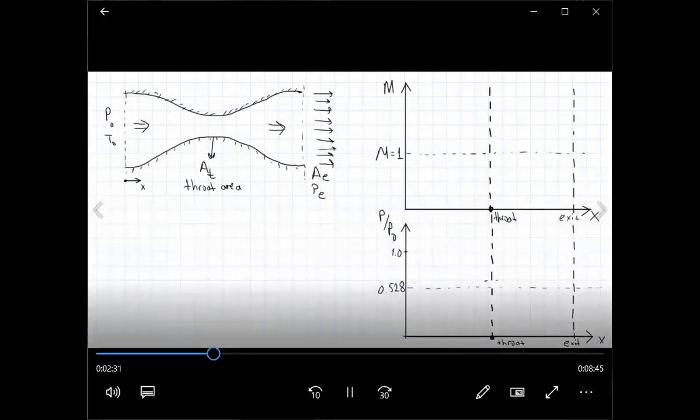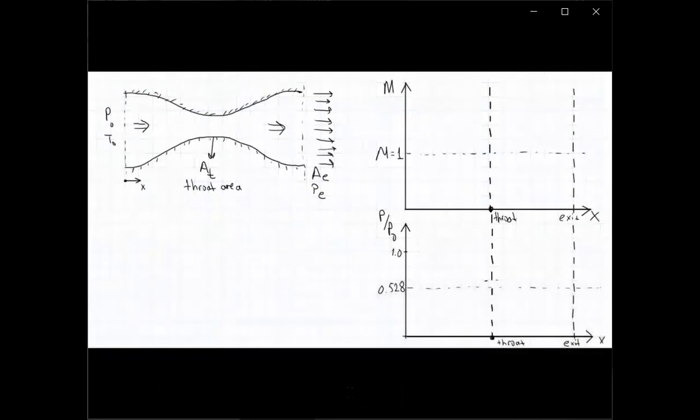Our condition at 6: we have the condition that is developed, with a supersonic exit and a supersonic diverging part.